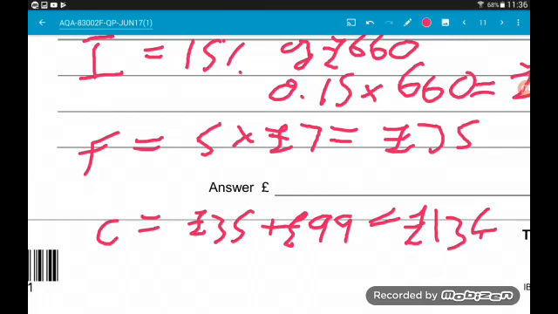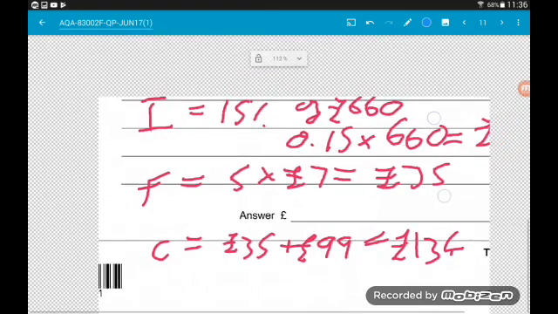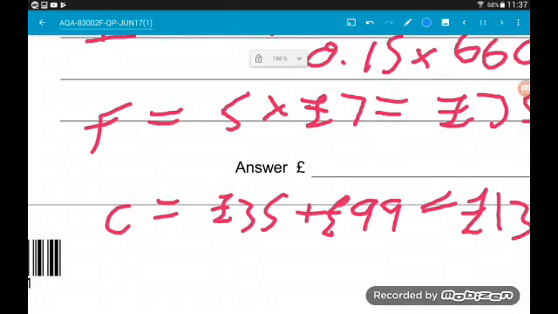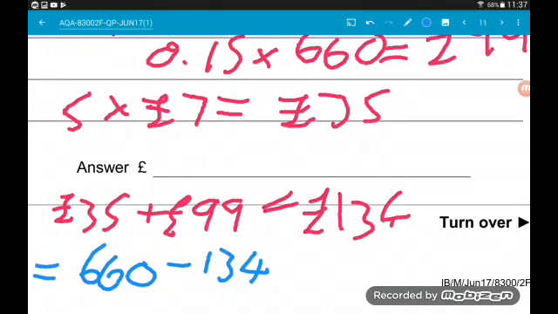So we know his total costs. We know the total amount he's made. So his profit, let's call it P, is 660 minus 134, which is going to give us £526 as his profit. Jobs again.